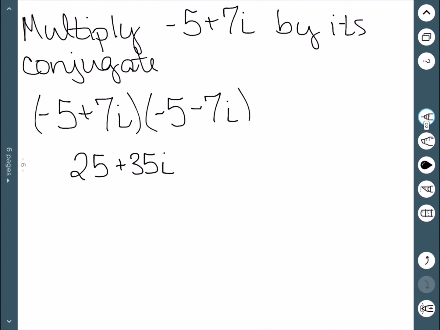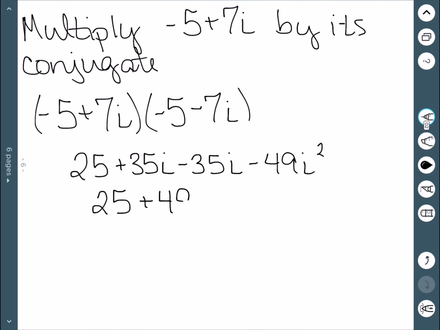The inside two terms, 7i times -5 is -35i. The last two terms, 7i times -7i would be -49i squared. We can see that this 35i and -35i are going to cancel. Since i squared is -1, this becomes 25 plus 49, which gives us 74.